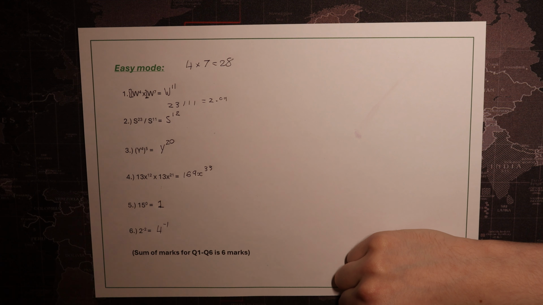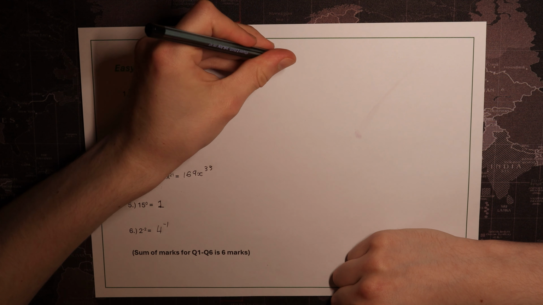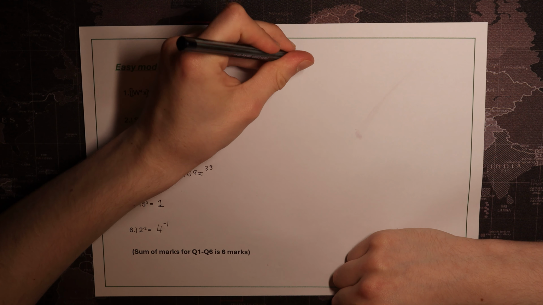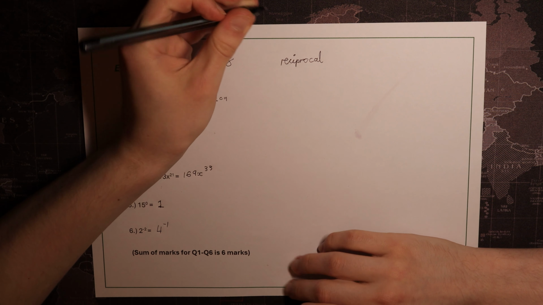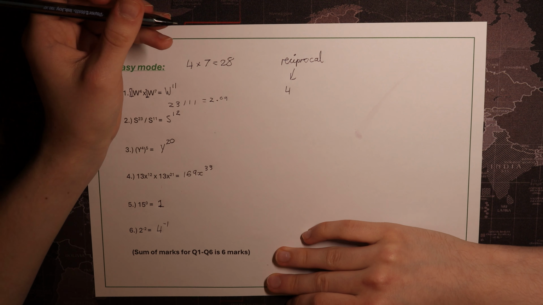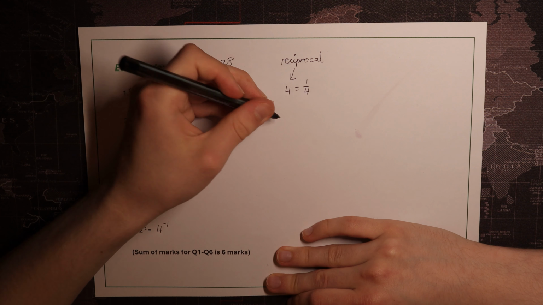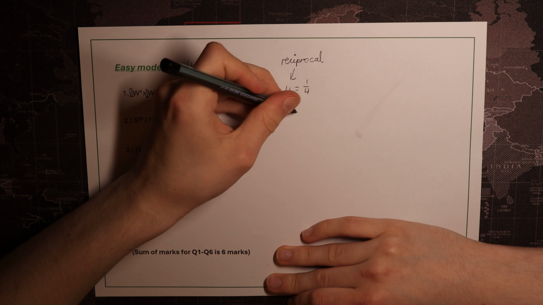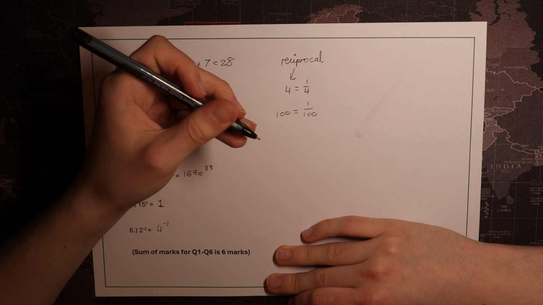Now anything to the power of -1 is a reciprocal. What do I mean by reciprocal? Let me just write this down. Reciprocal. So what does this mean? This means if you have 4 and you want a reciprocal of 4, you get a quarter. If you have the number 100 and you want a reciprocal of that 100, you get 1 over 100, a 100th.